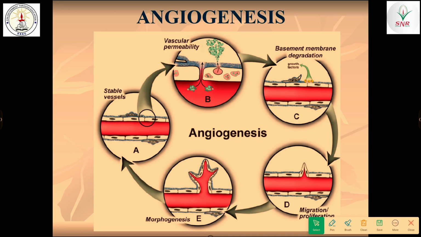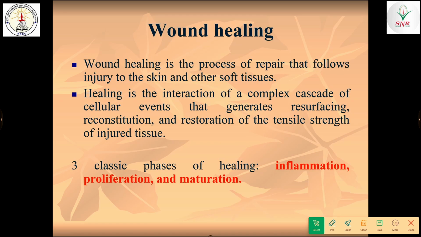When the contents are released out, a group of cells called platelets come into play, and they release certain growth factors and signaling molecules for the healing. In the next stage, the migration and proliferation stage, a new blood vessel sprouts from the old one; that is angiogenesis. Then it undergoes morphogenesis to give the full growth of the blood vessel.